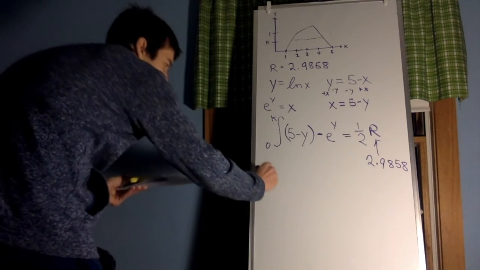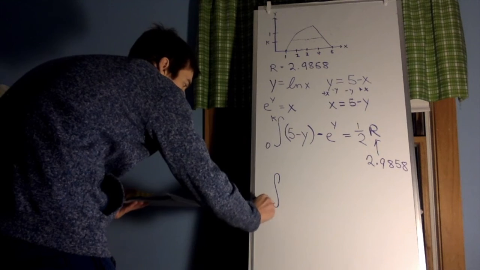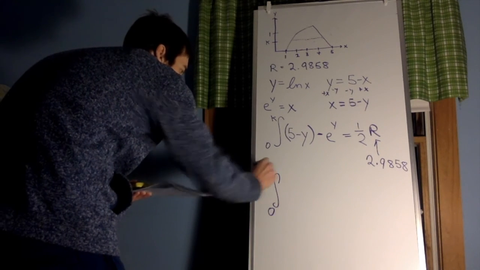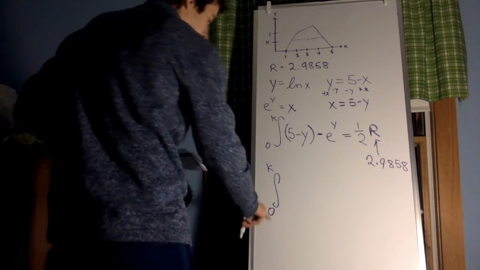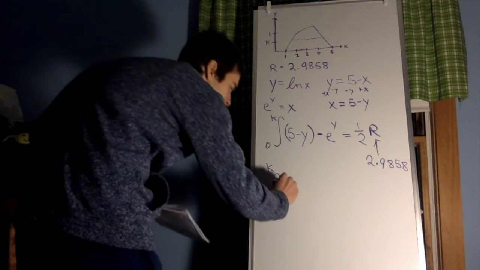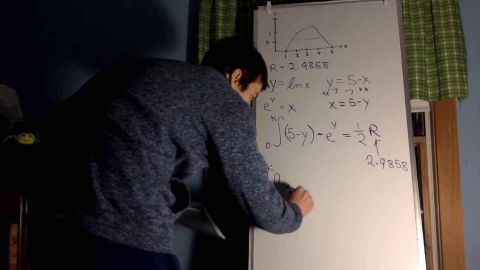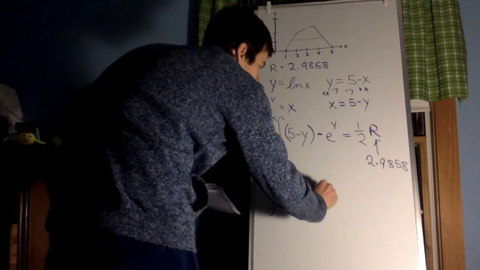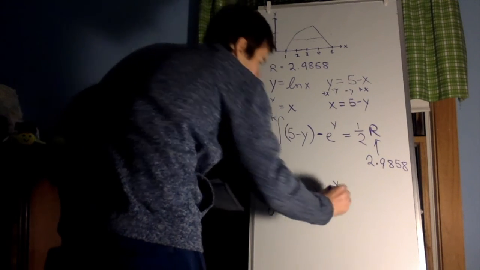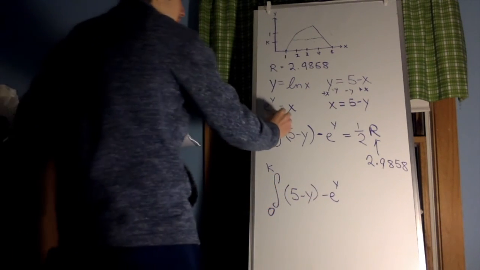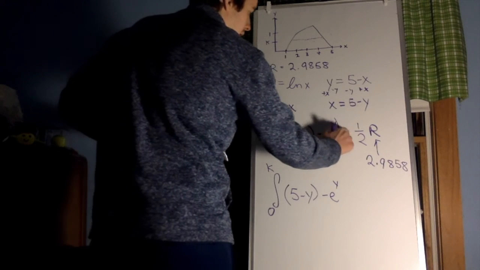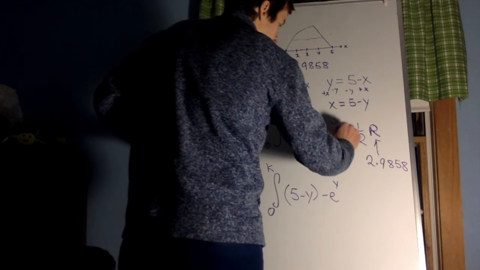And I'm going to rewrite my final answer as the integral from 0 to k of 5 minus y minus e to the y. And you know what? A little mistake here. Fix that. This should be with respect to y.